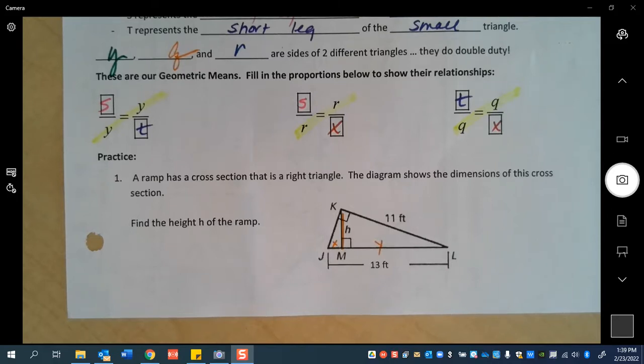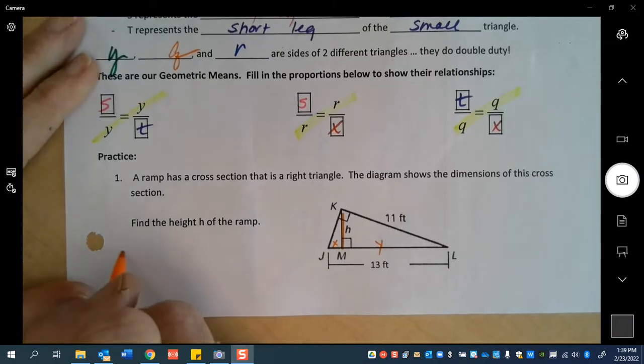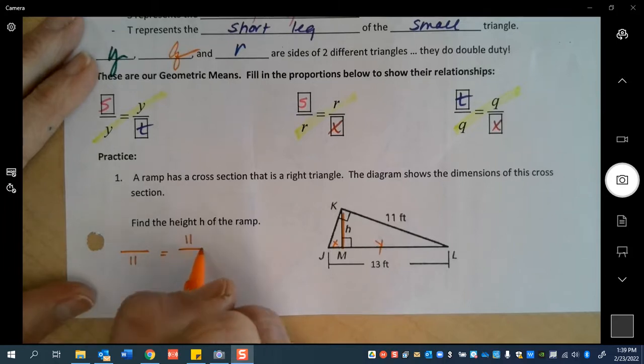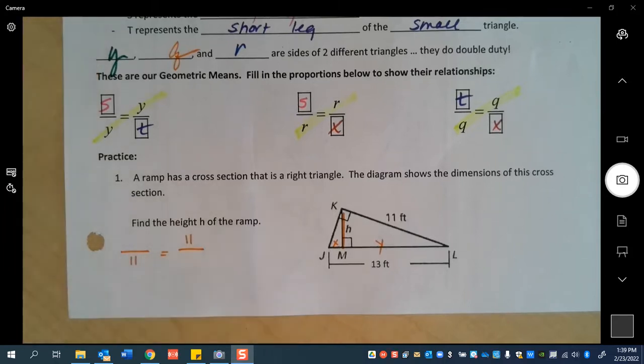I don't have this leg, so I'm not going to be able to get x, which means my only choice is to start with 11. So I know that 11 has to be the geometric mean between what two sides, what two values.